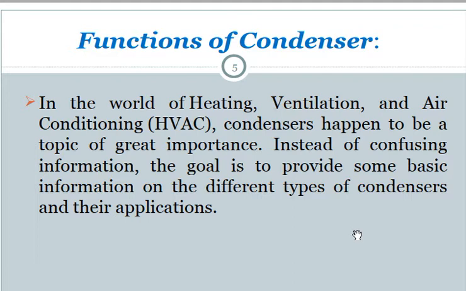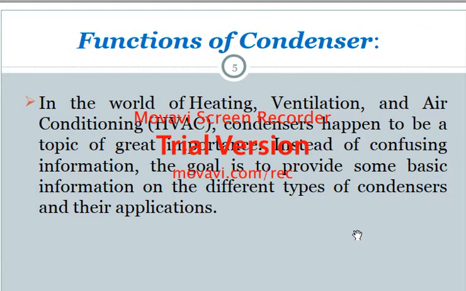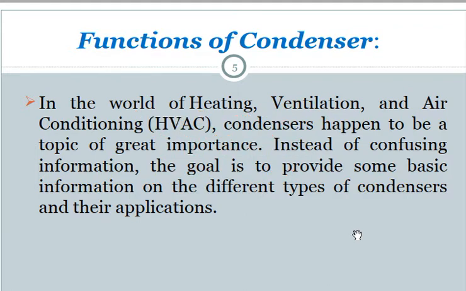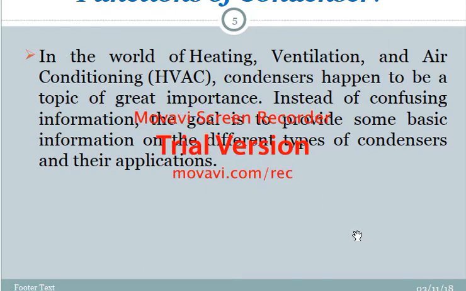the first one, the function, and then also how the process works, A to Z, and then we learn about the types, how the condenser works, and types of the coolant itself. Different coolant, different types of refrigeration.